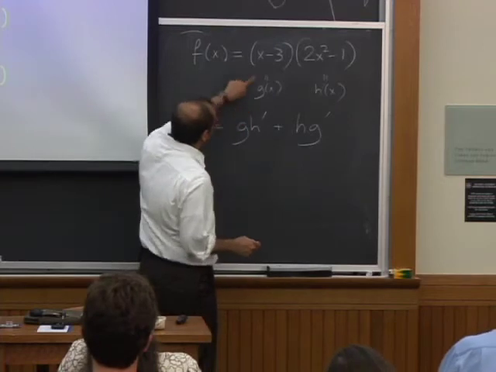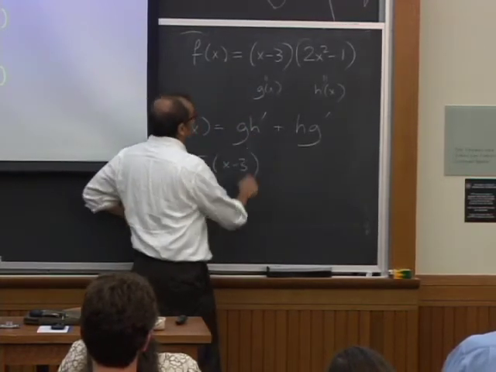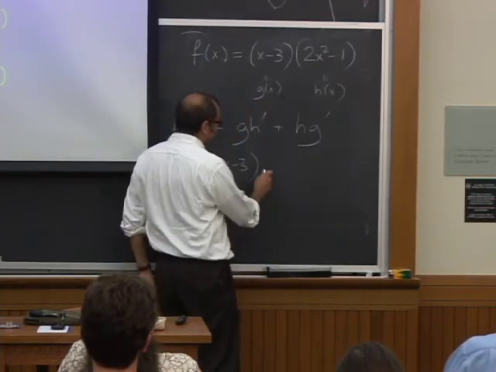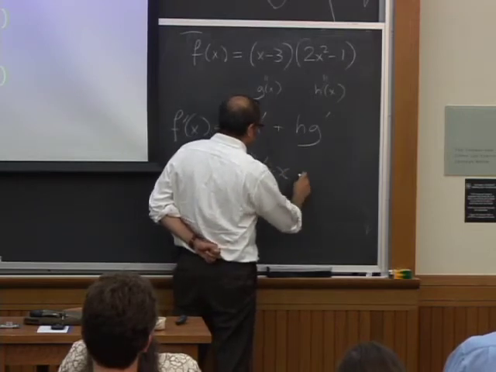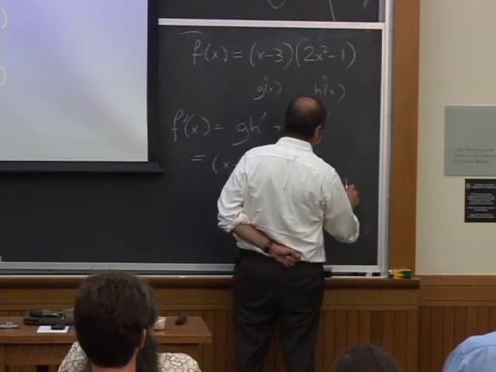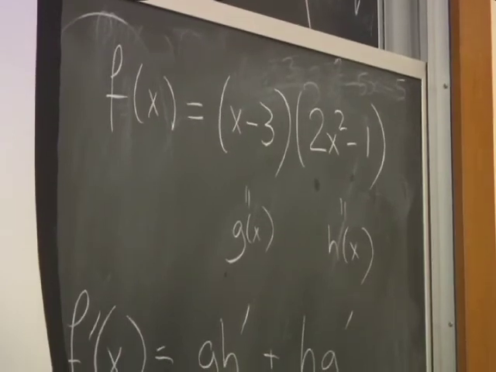Okay, well, g is just that, x minus 3. h prime, what's h prime? 4x. And h is 2x squared minus 1. And what's g prime? 1, right?